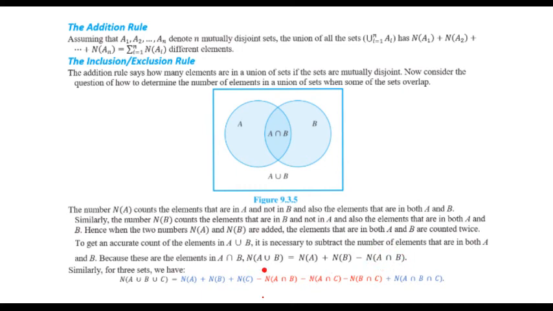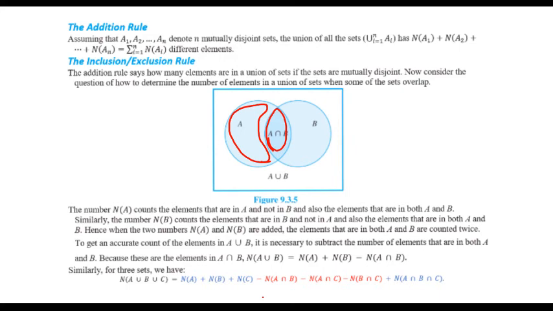So I'm going to prove this equation, correct? In order to prove this equation, let's start with n of A. Consider n of A as the cardinality of A. So n of A counts two different kinds of elements. n of A counts all the elements that are in A but not in B, and the elements that are in both A and B. Similarly, n of B, the cardinality of B, counts two different classes of elements.